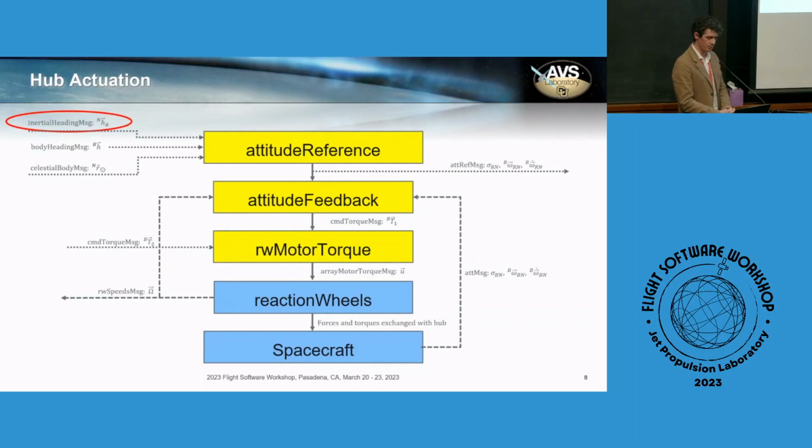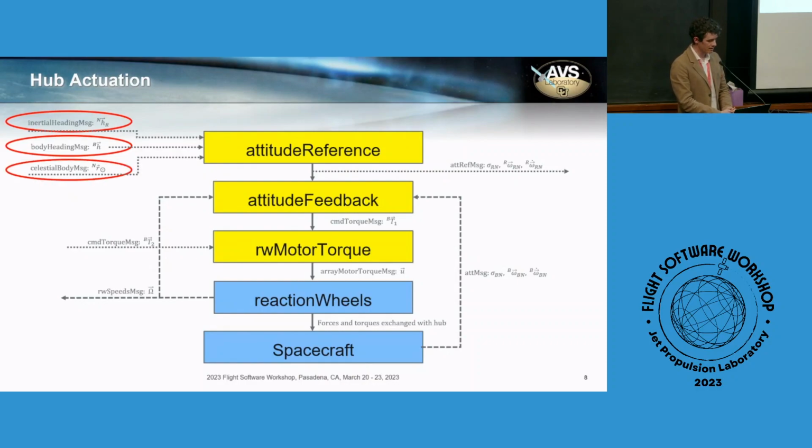So that's what comes from trajectory optimization. It also receives a body frame heading. In this sense, it would be the direction of the thrust with respect to the body. So what this piece of flight software code does is to make sure that those two overlap, such that the thruster is in fact aligned with the direction that we want.